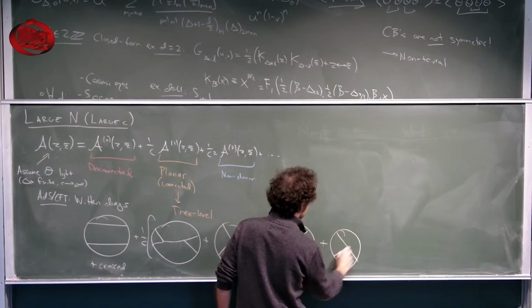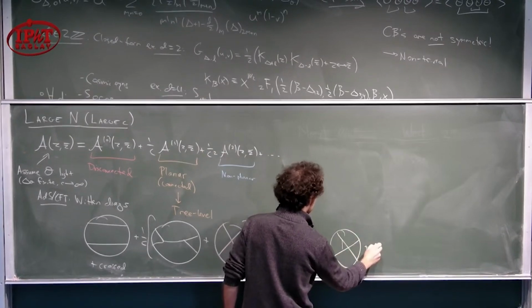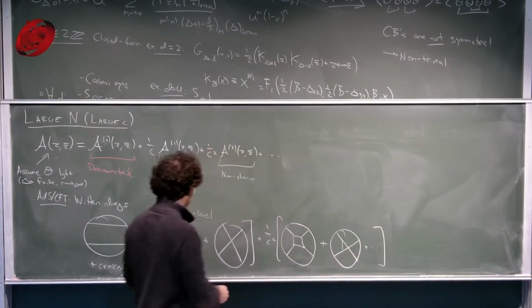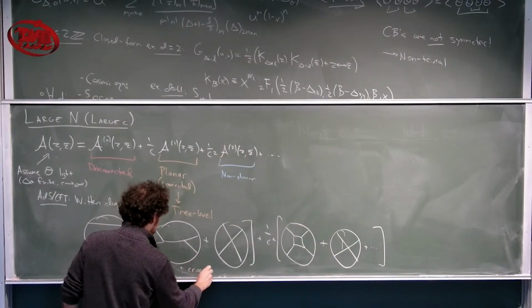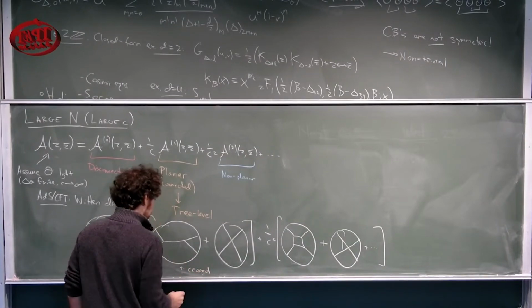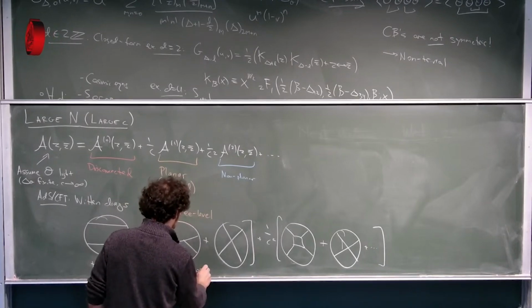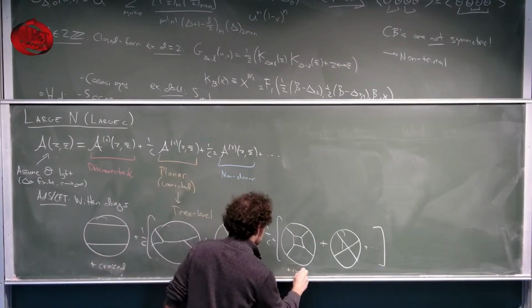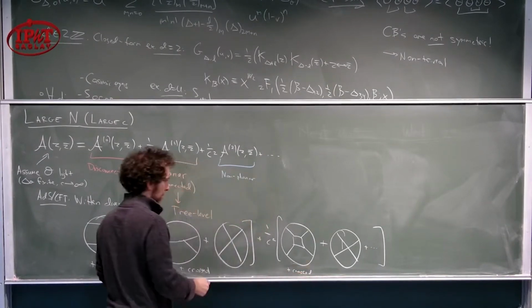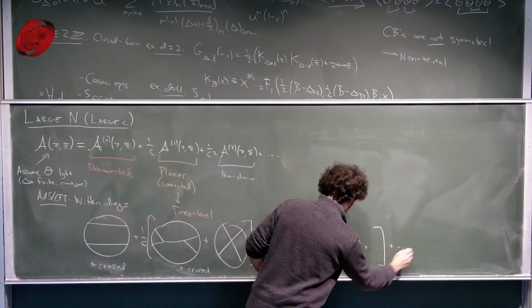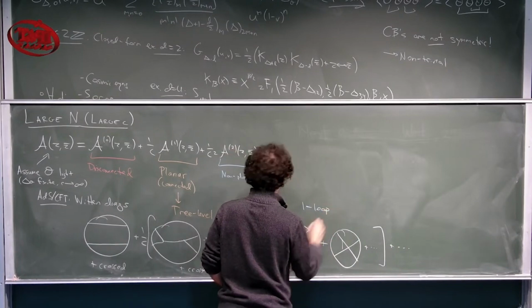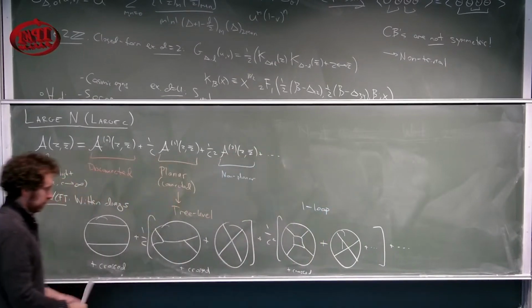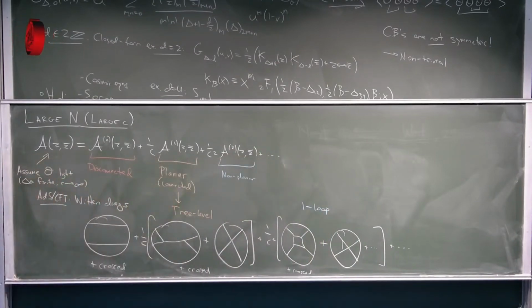Like this, plus all the crossed. And on and on. They correspond to later Feynman diagrams involved.